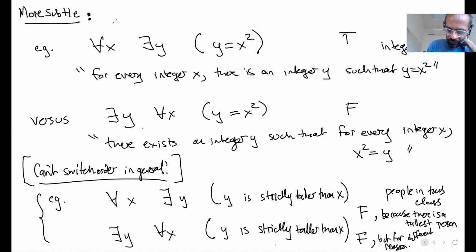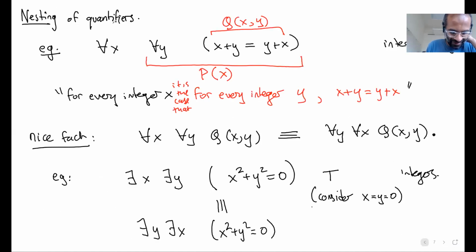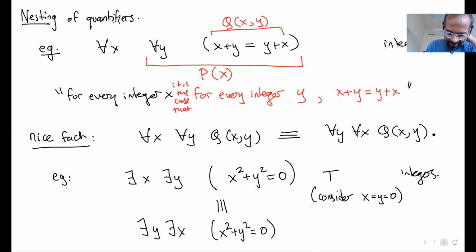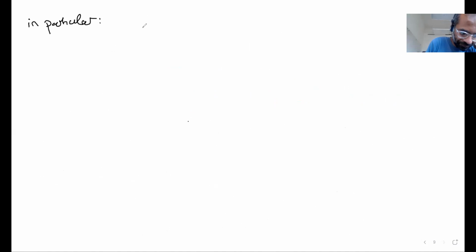So in particular, if you combine what we learned about nesting and about negation, you get the negation of there exists x such that for all y Q of x y.